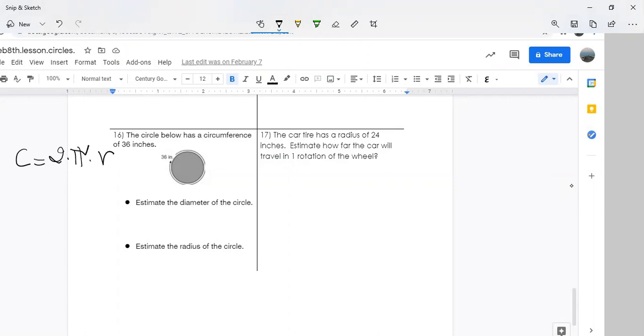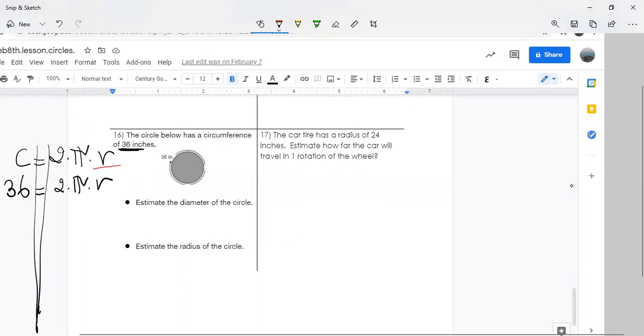Okay, so let's isolate the radius. Circumference is 36. So c is 36 equals 2 times pi times the radius. Let's isolate the radius. We get the radius, then from that we get the diameter. So let's divide both sides by 2 pi to get the radius all by itself.